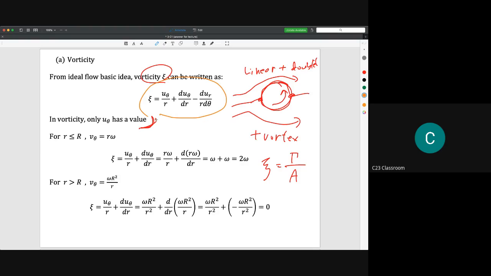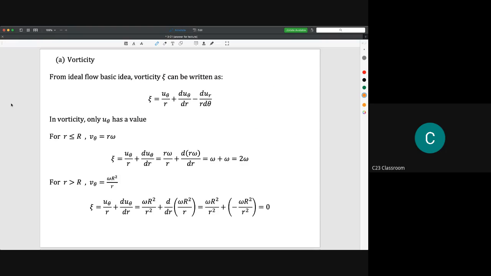So and then for the question, let's say for r less than capital R, we change the value of V naught here with R omega. Okay, this is about the idea of when you have rotational speed.